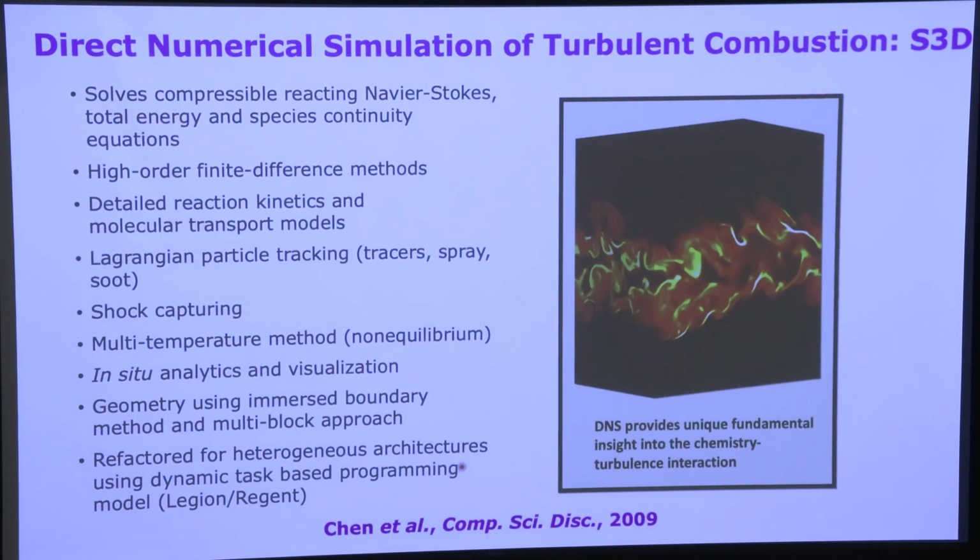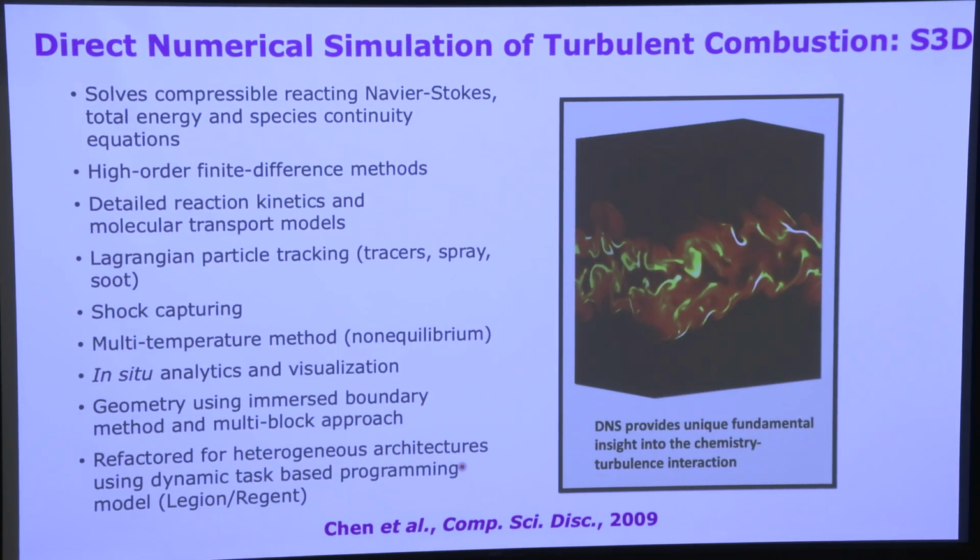And so if we take these governing equations then and we code them up, we can solve for the compressible reacting Navier-Stokes total energy species continuity equations and discretize them on our grid using higher order finite difference methods. So typically in our codes we use an 8th order centered finite difference method, and we impose a 10th order filter to basically de-alias the solution.